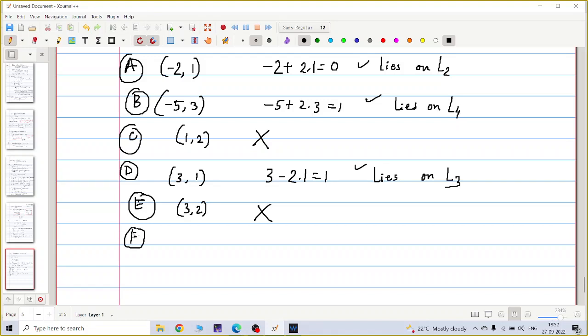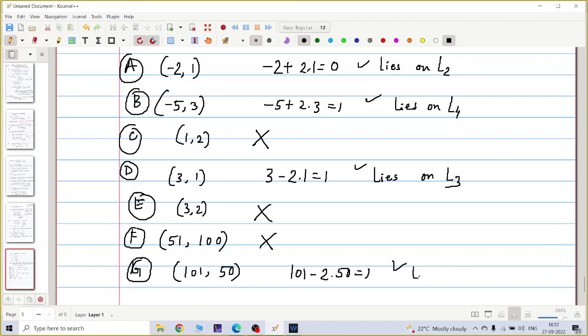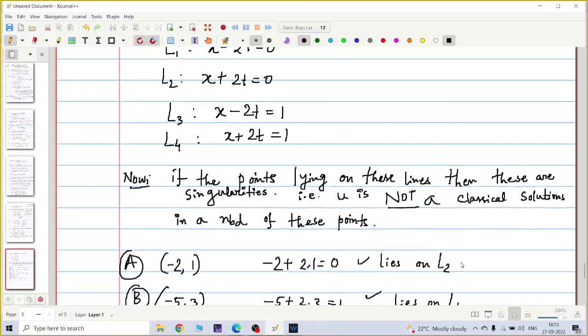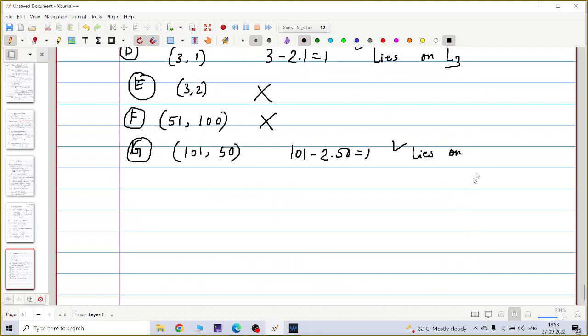Option F is 51 comma 100. That is also not possible, since x minus 2t is not equal to 0 or 1. Option G is 101 comma 50. This is possible because 101 minus 2 into 50 is 1, right? So it lies on L3.